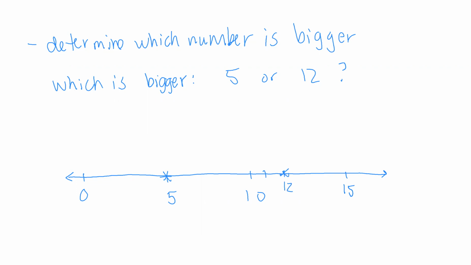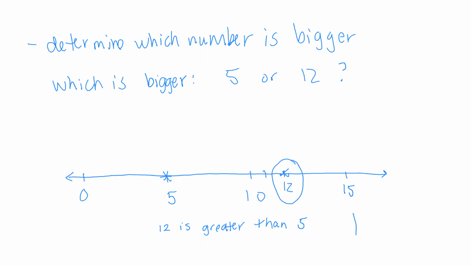And at this point, we can see that 12 is going to be the bigger number because it's farther to the right. So we would say that 12 is greater than 5. 5 is smaller than 12 because 5 comes first on the number line.